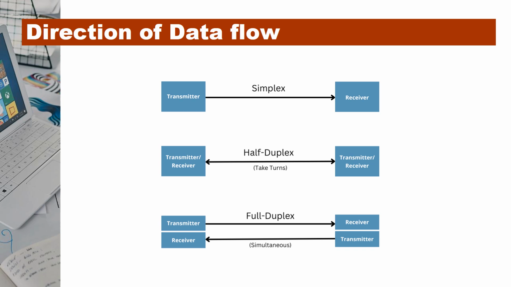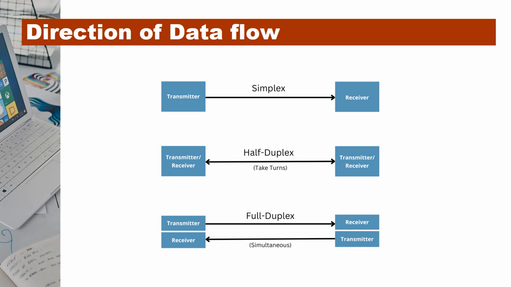And modems improve communication speeds and quality of analog communication channels. Then the network interface card is a hardware component that connects a device to the network. You can connect computers or printers to a network, and it is a physical connection point for a device to access the network.